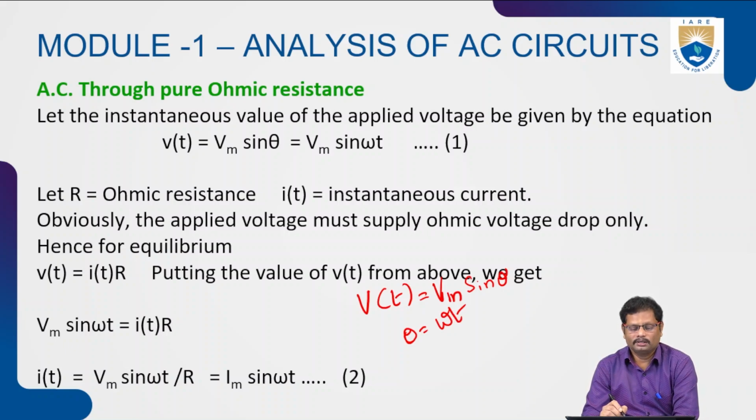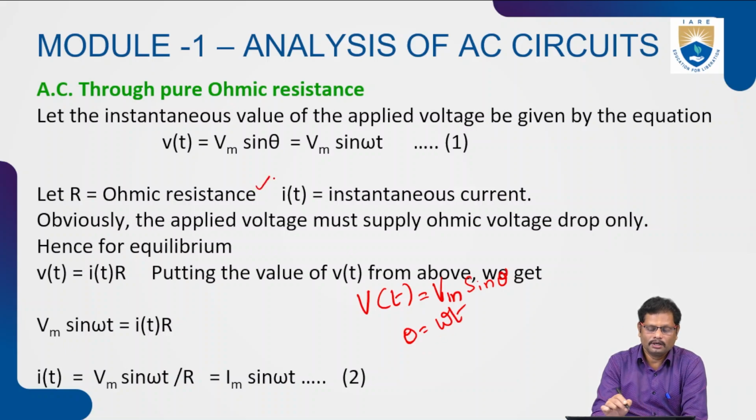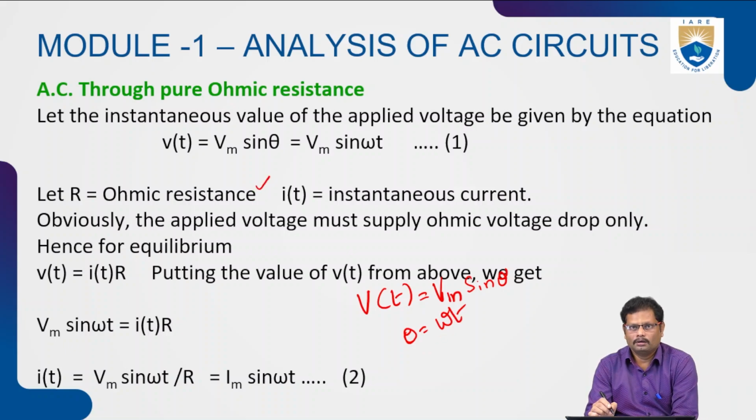Let us say R equals ohmic resistance in ohms, and I of t is the instantaneous value of current. In a pure resistor, the applied voltage must supply the ohmic voltage drop only. Whatever voltage is applied, you have to compensate the voltage drops in the circuit.